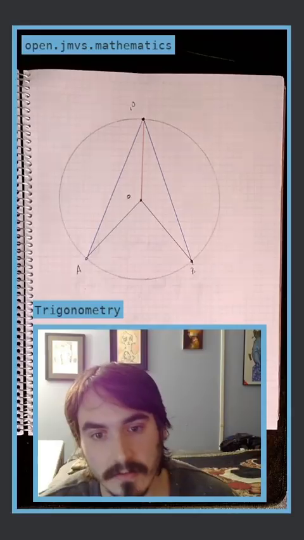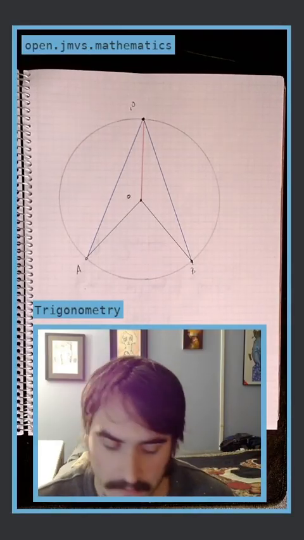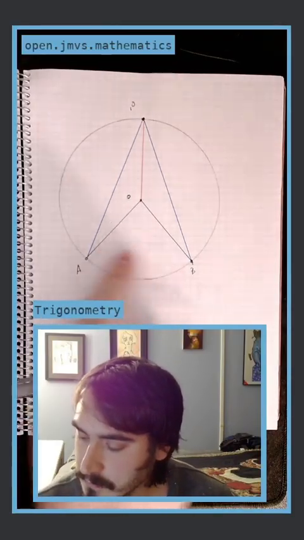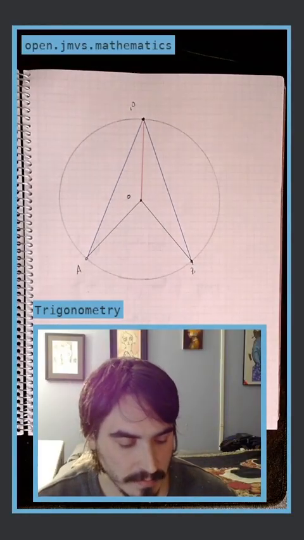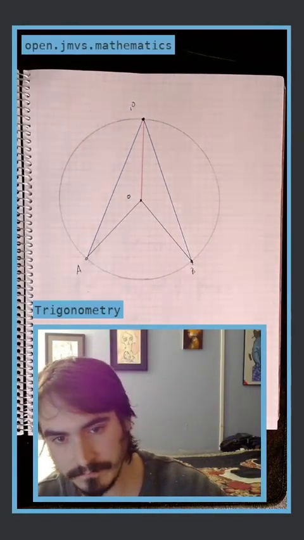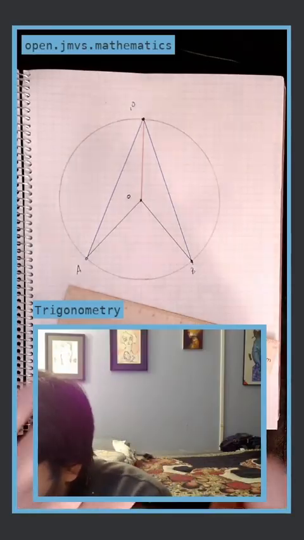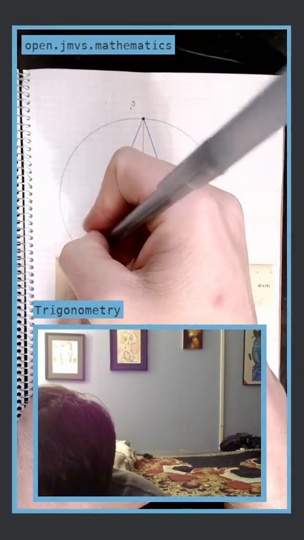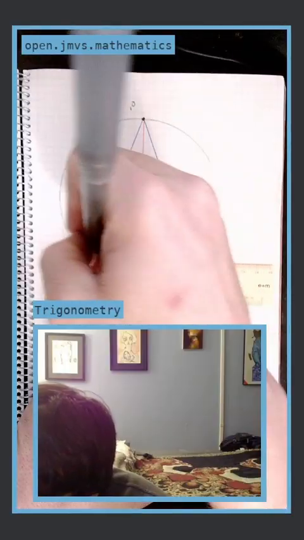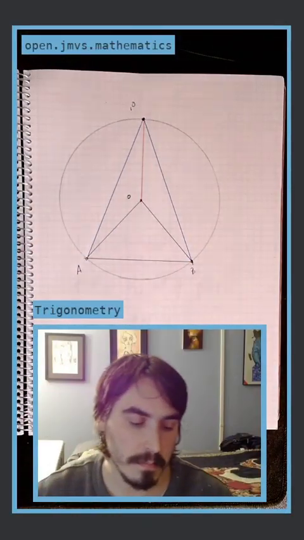So I'm going to label these angles quickly. I am going to draw the final chord here so as to construct the isosceles AOB. There he is.